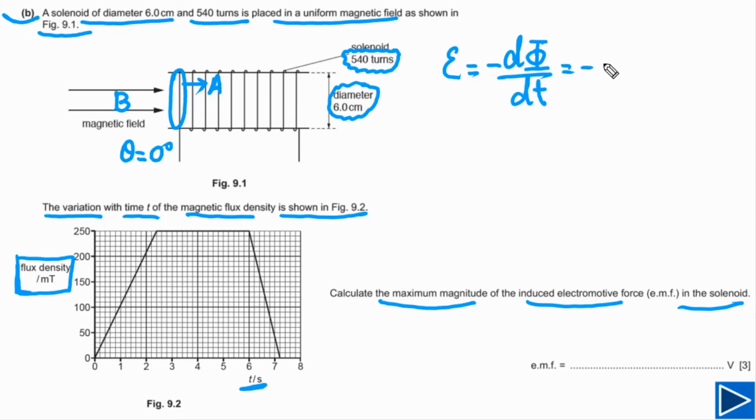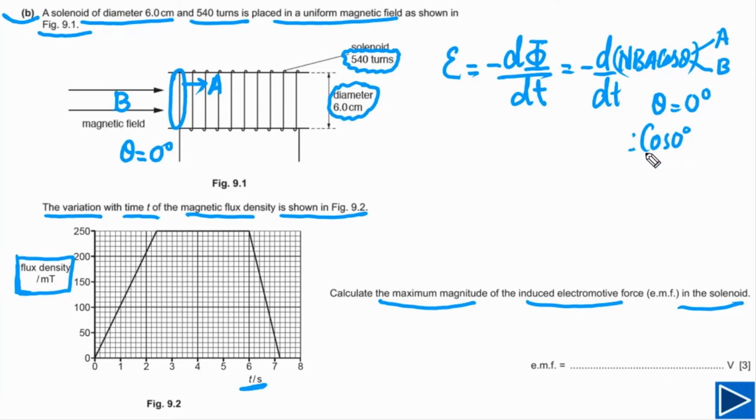And magnetic flux linkage is equal to NBA cosine of theta, where theta is the angle between A and B. For this question, it is given to us that the angle between A and B is equal to 0 degrees. So cosine of 0 degrees is equal to 1. Then we can write down the induced EMF is equal to d/dt of NBA.